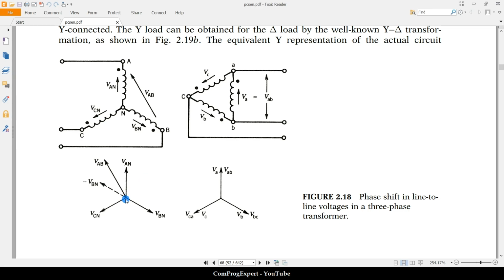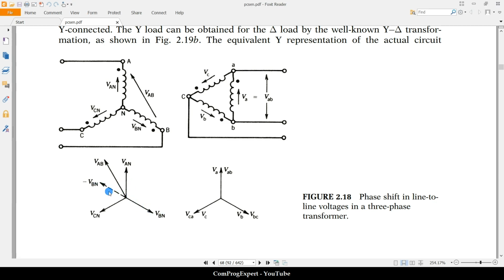So suppose we have this balanced phase voltage VAN, VBN, and VCN. So here, what is the value of VAB? We should write a KVL here. Okay, VAB is equal to VAN minus VBN. So this is VBN, negative VBN.